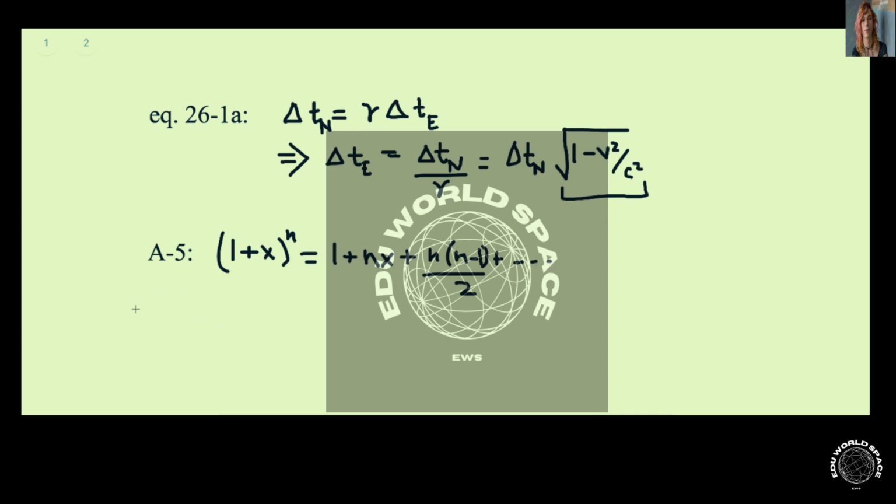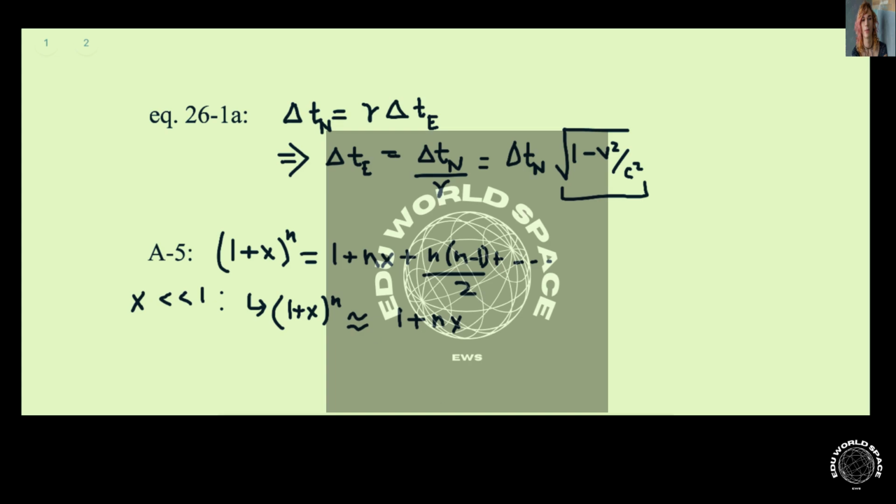Now, very importantly, when x is much, much less than 1, this whole thing simplifies to 1 plus x to the n, which can be approximated very well as 1 plus n times x, none of this other stuff here.